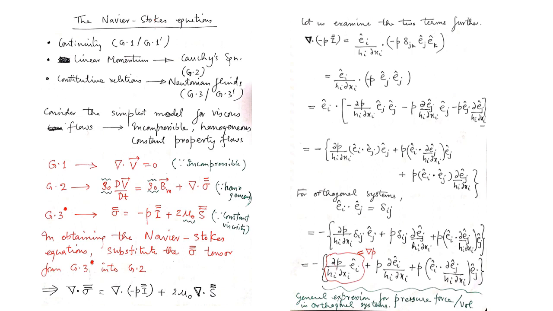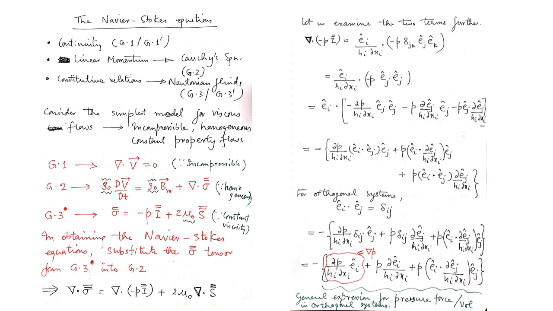So let us examine the two terms further on the right. The divergence of the isotropic tensor minus P I can be simply written using the basic notations that we have been following from calculus of vector and tensor functions. I have already discussed these things in detail in my lectures number 6, part 1 and part 2. So by now I assume some kind of familiarity with these operations.